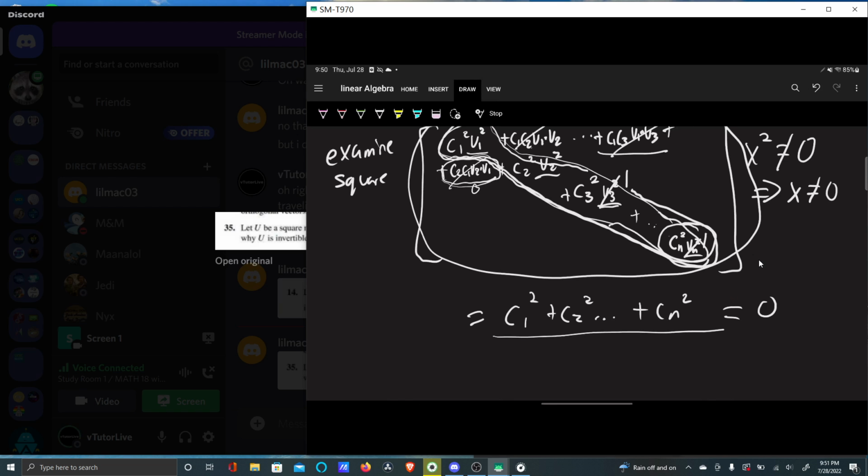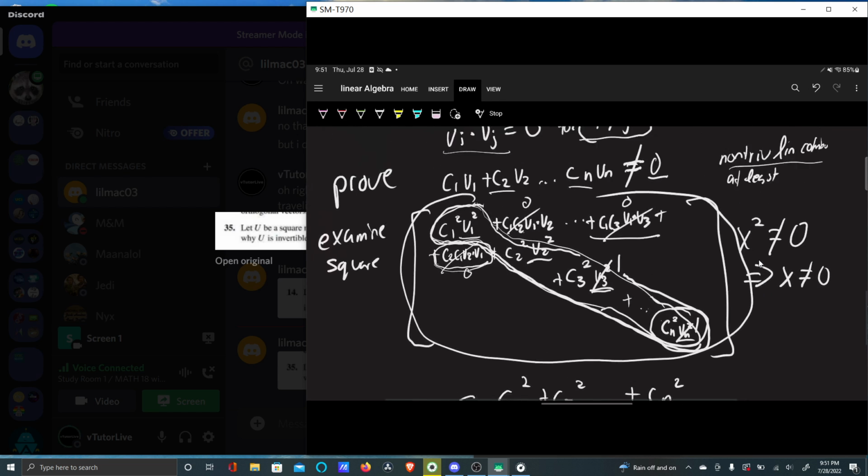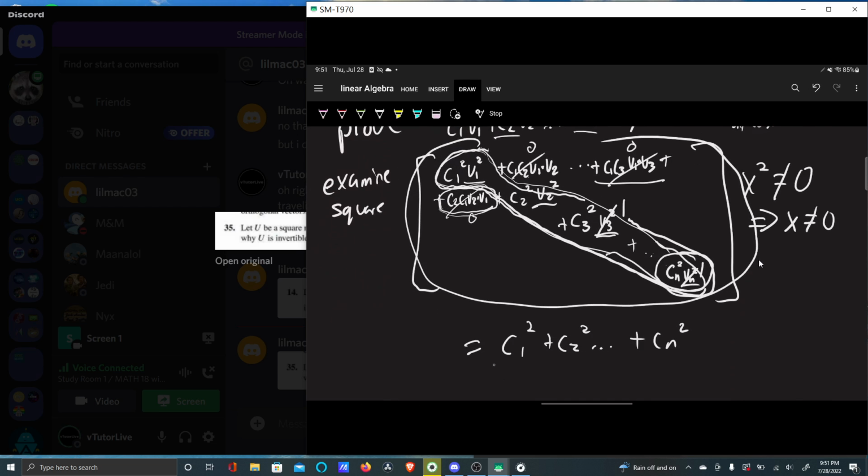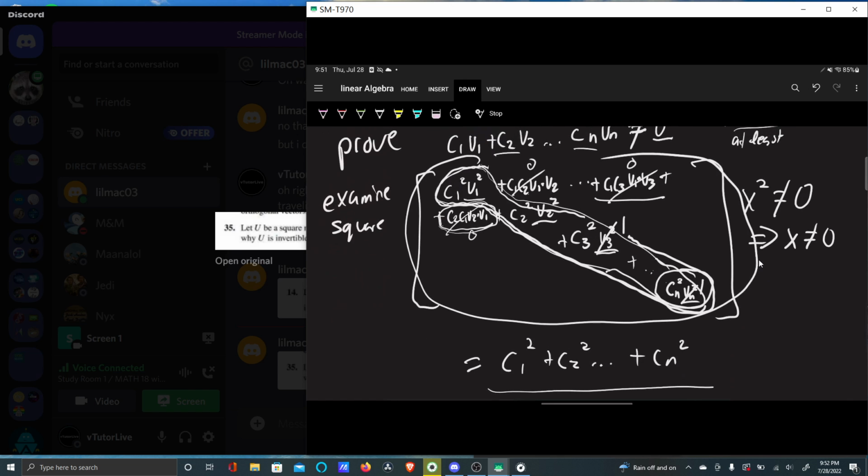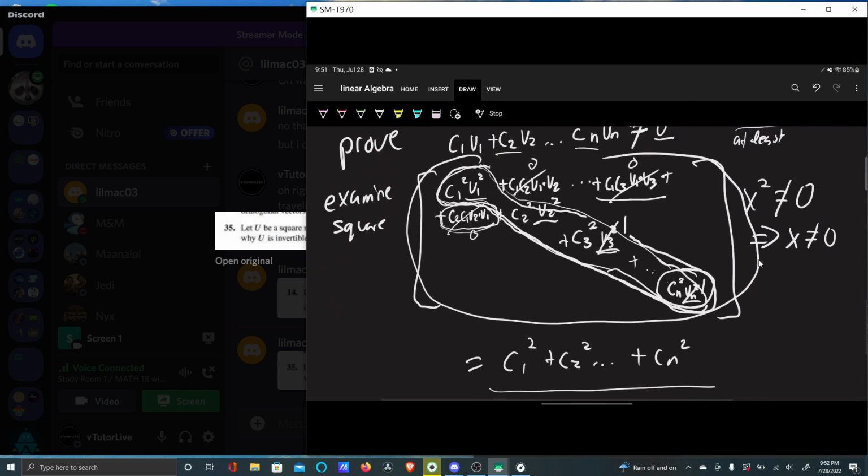Because if any of them are positive or negative, then this thing becomes greater than 0, because it gets squared. So the only time that this entire thing is 0 is when all the C's are 0. In fact, I should have said x squared is not equal to 0 if and only if x is not equal to 0.